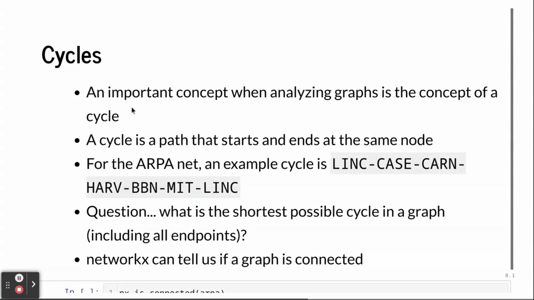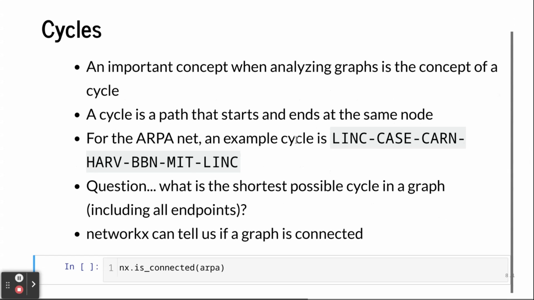So, one important concept that will be useful for us when we analyze graphs is the concept of a cycle. A cycle is defined as a path that starts and ends at the same node. In our ARPANET example, one cycle might be LINC, CASE, CARN, ARV, BBN, MIT, back to LINC.